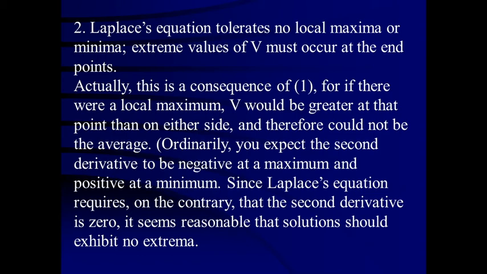So if the second derivative is negative, it indicates the maximum condition, and if it is positive, it is the condition for minima. But here our Laplace equation, del square V is equal to 0. That means it cannot tolerate maxima or minima. The extreme value of V must occur at the endpoints only. So it cannot be in between.